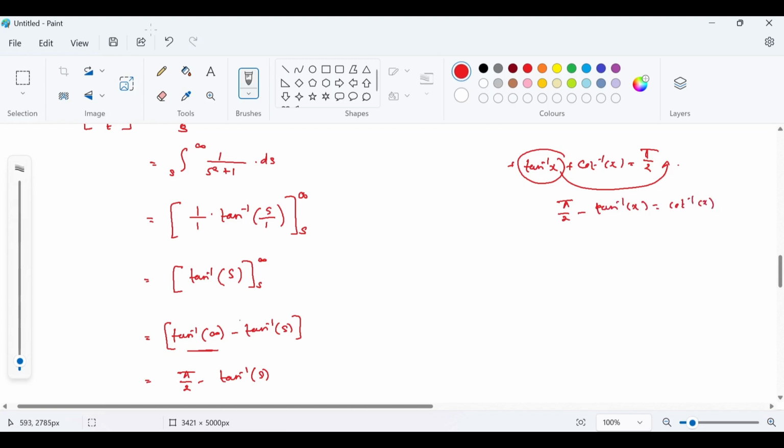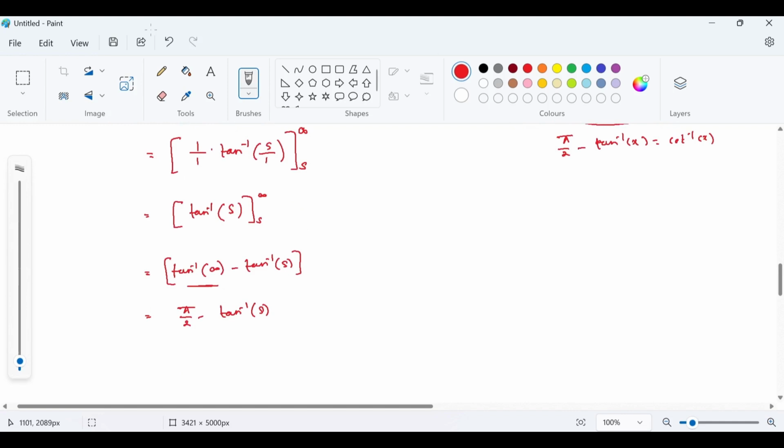Same logic I'm going to apply here. Pi by 2 minus tan inverse of s will be cot inverse s, right? Cot inverse s. Now this is the value for Laplace of sin t upon t, right?